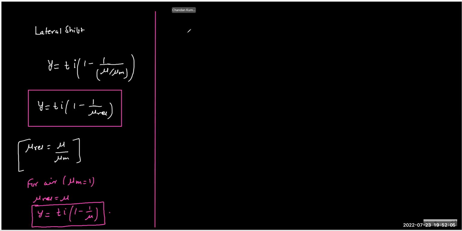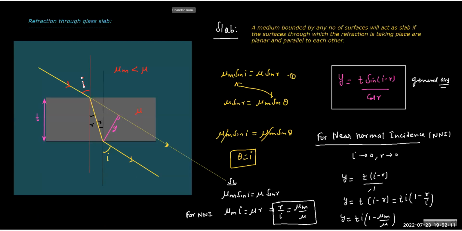Now, what is interesting is that if you trace back this light ray, it seems like it is coming from here, but actually it is coming from here, isn't it? So there is something called normal shift that we'll talk about.